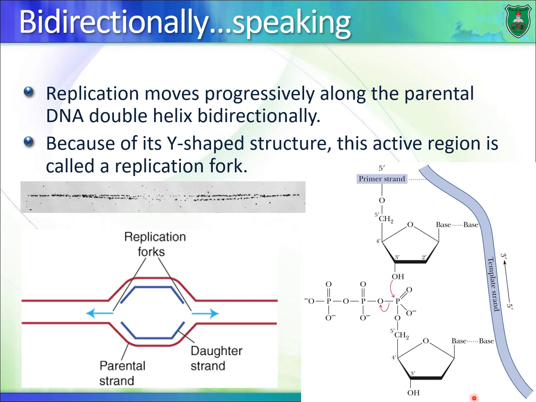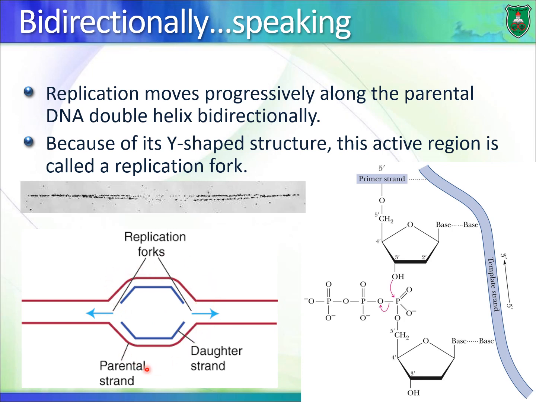Whenever we want to add a third nucleotide, we add it to the 3' end of the second nucleotide, and so on. Now remember that DNA is anti-parallel, so the template strand is read from the 3' end to the 5' end. Remember that.